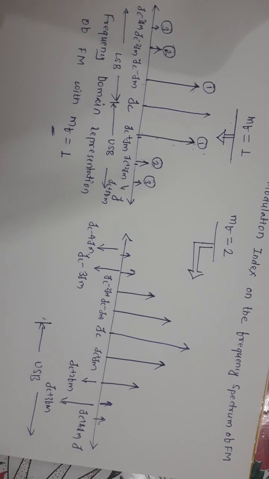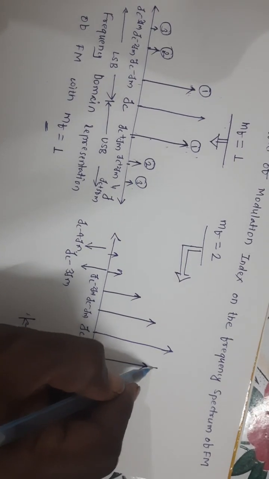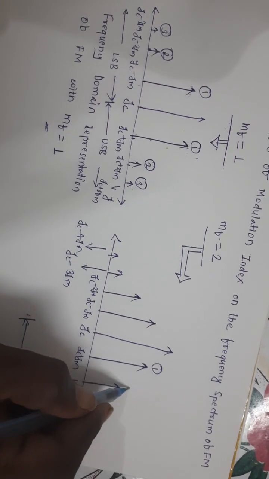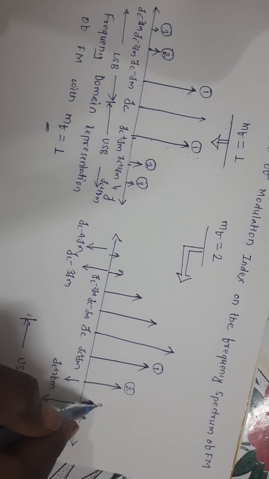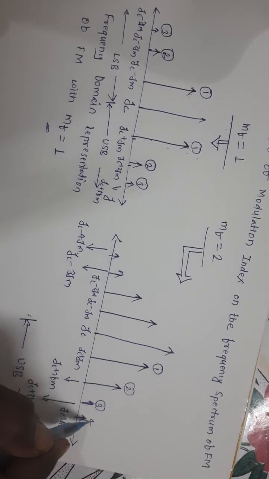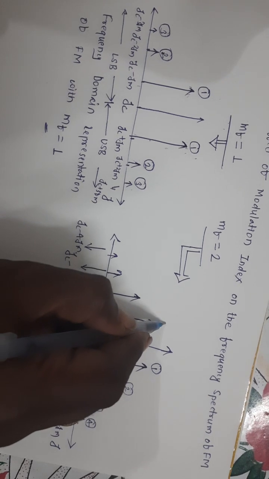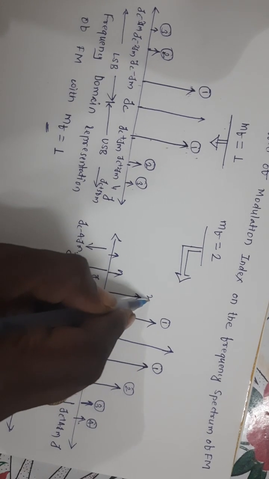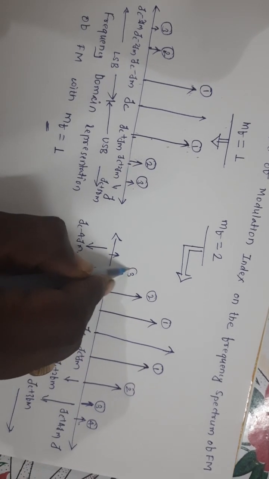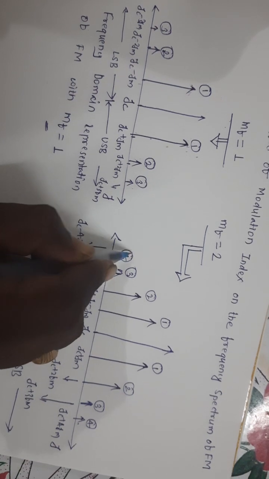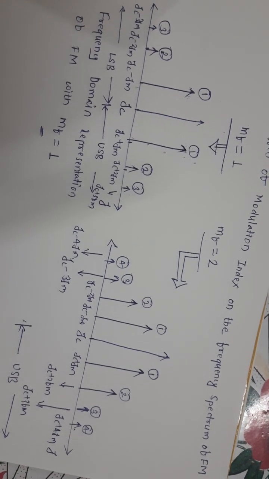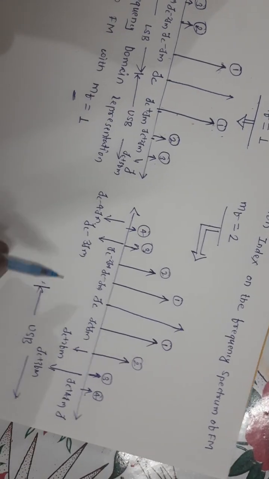Right. So it is upper sideband 1, upper sideband 2, upper sideband 3, upper sideband 4. Then lower sideband 1, lower sideband 2, lower sideband 3, lower sideband 4. So these are nothing but the sidebands created.